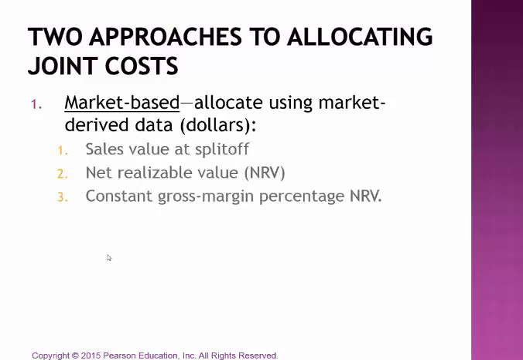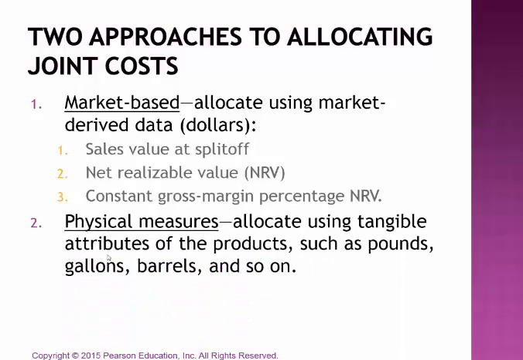And we can also do one called the constant gross margin percentage. Another one that we can use is called physical measures. Now this one, we are going to have to come up with some type of way to measure the product, whether that be by weight or by volume, and we can do some calculations based on that physical measure and allocate costs based on those.